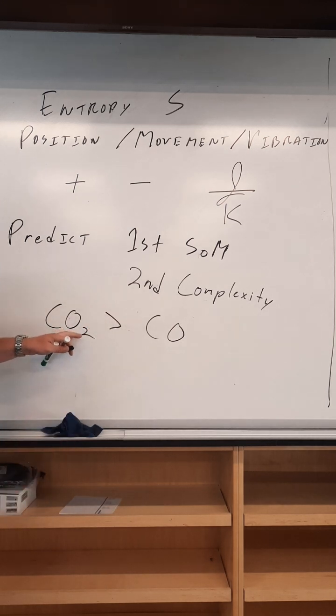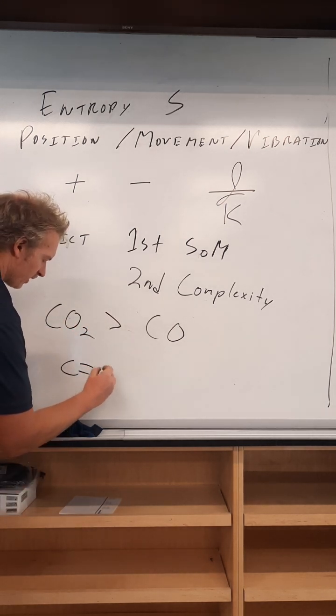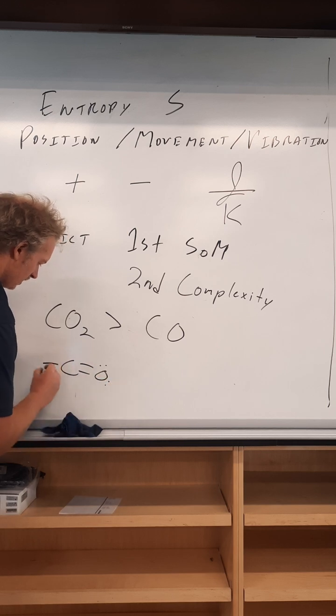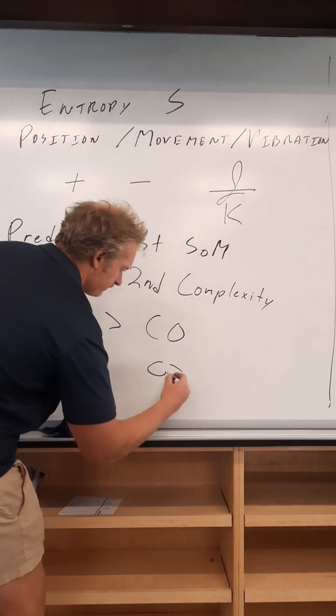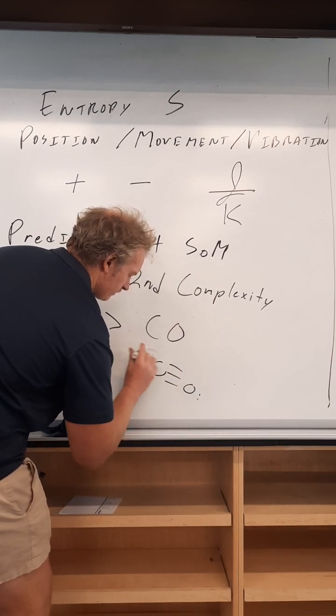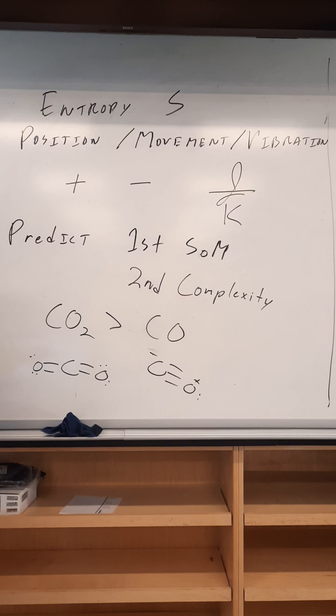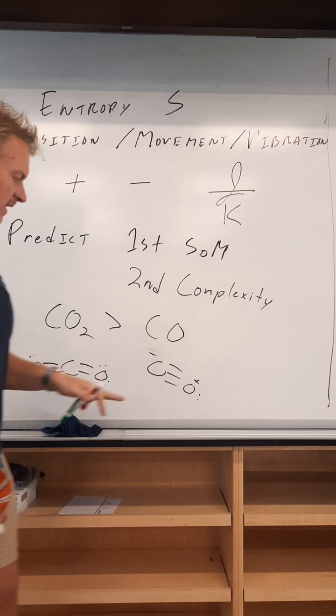This one is going to have a higher entropy. It is more complex. It has more vibrational states. If we look at the Lewis dot structure and its connectivity, we have more vibrational states, more different positions, more different movements, more types of vibration.